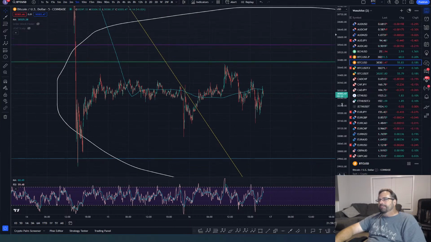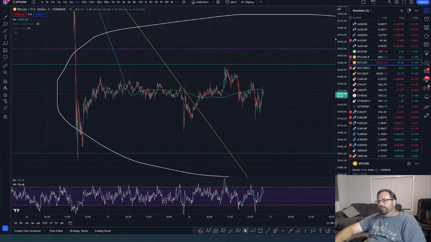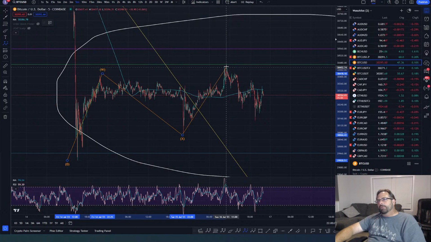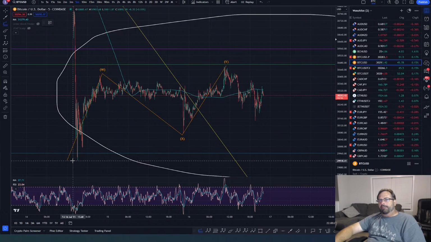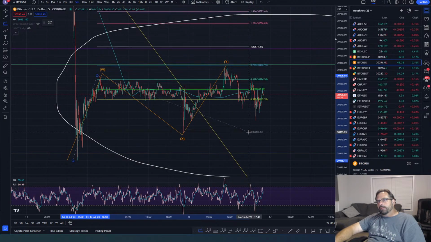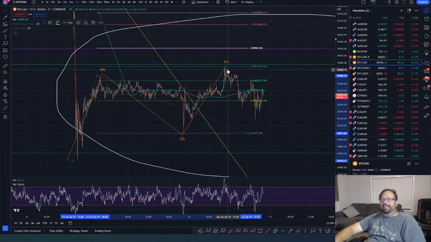So notice we have a WXY to the upside right here. We got a W. We got an X. We got a Y wave right there. That's 3 waves. Came up to the 786 extension.